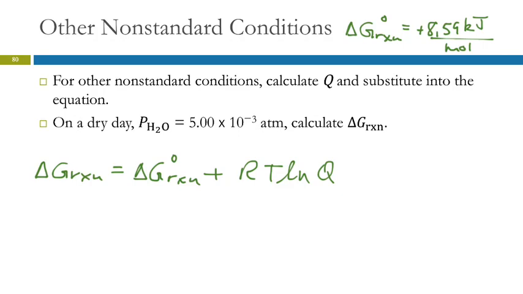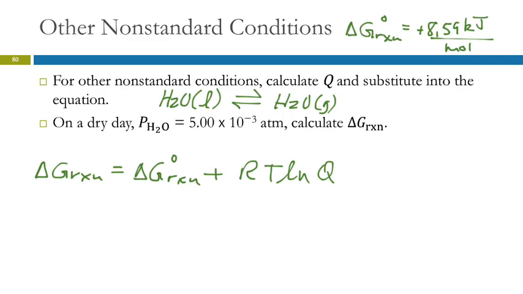And what can kind of mess you up on an exam is, it's like, okay, I remember this, but just what's going on here? They gave me a pressure, I don't know what's going on. And so we have to remember, what are we looking at? We're looking at liquid water going to water in the gas state.